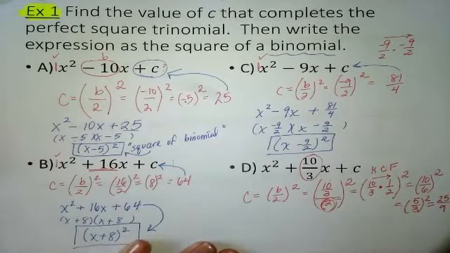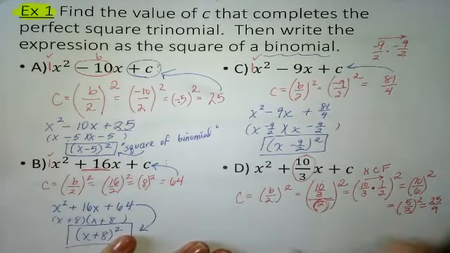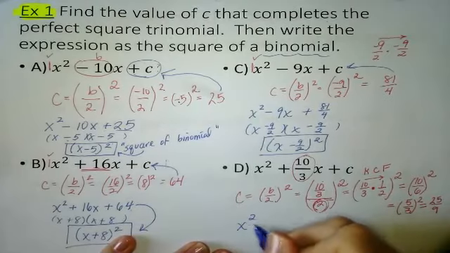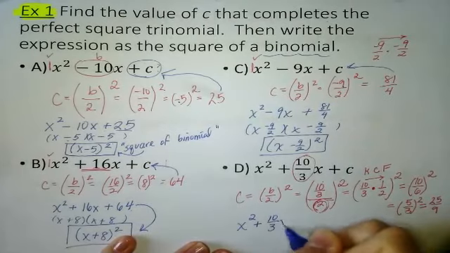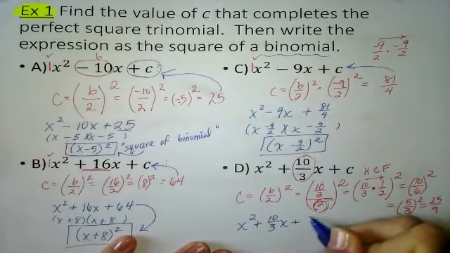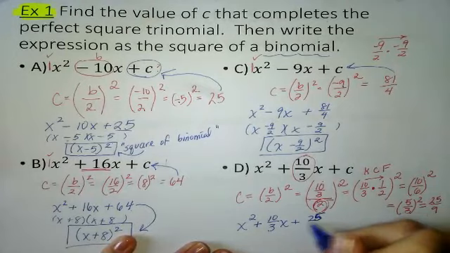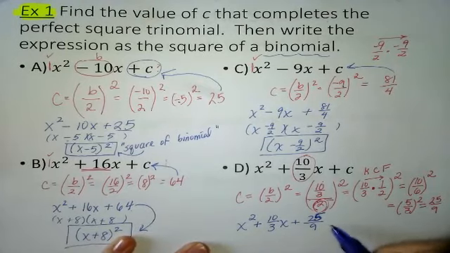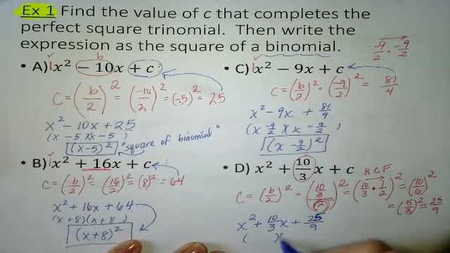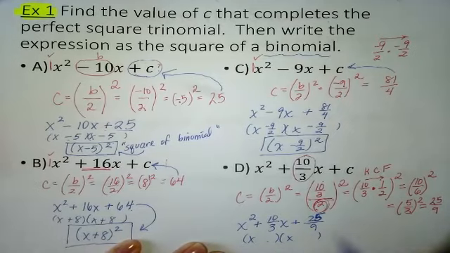So rewriting, yes, that took a lot, but it goes quick once you're used to fractions. 10 thirds x plus 25 ninths is my trinomial. And I can double bubble that. X times x is x squared. What times what is 25 ninths? 5 thirds.